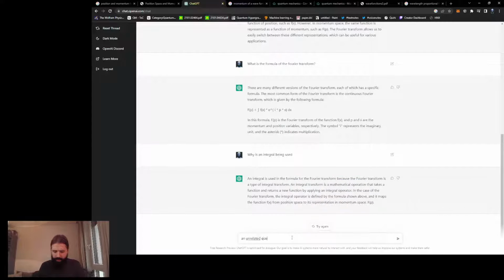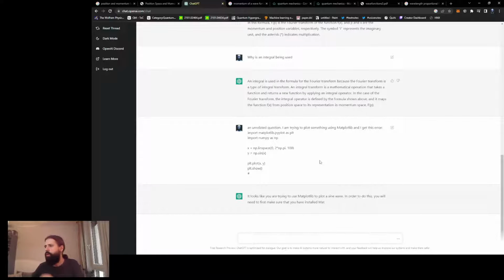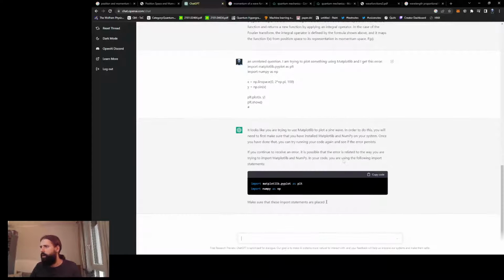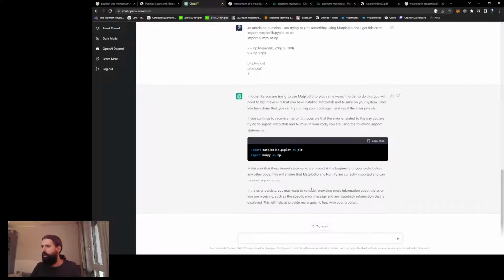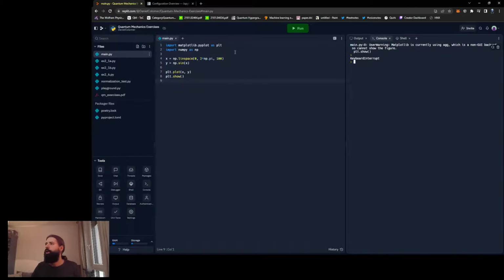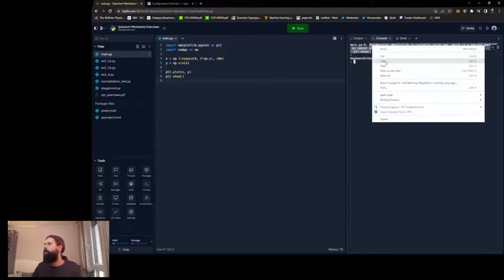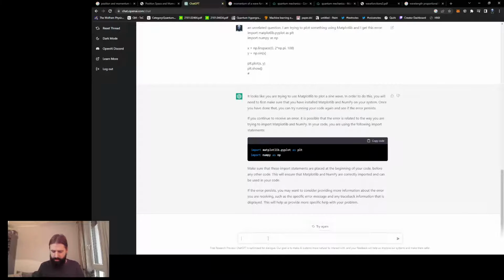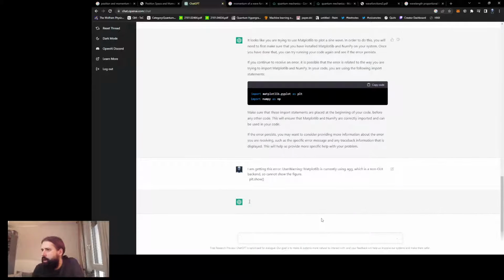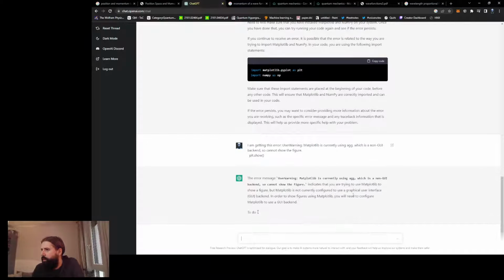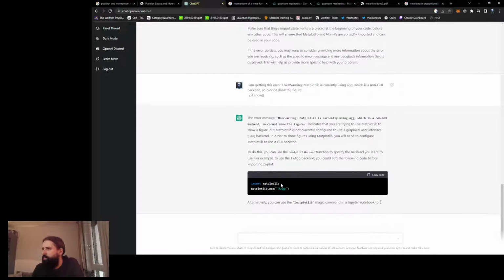An unrelated question. I am trying to plot something using Matplotlib, and I get this error. No, that's not an error. That's not what I'm getting. I'm getting this error. Look at this.